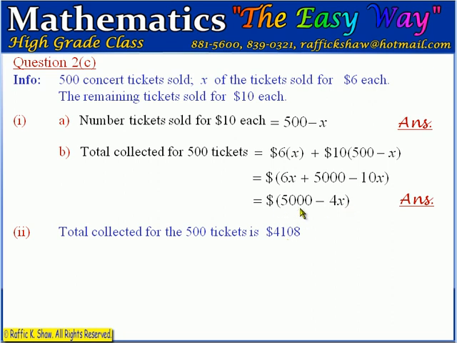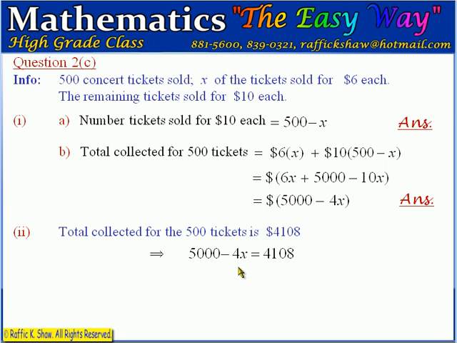So it means that this expression here is equal to this $4,108. And we can proceed to show that the 5,000 minus 4x is therefore equal to 4,108, and part 2 wants us to calculate x, the total number of $6 tickets sold. That's what part 2 is asking us.